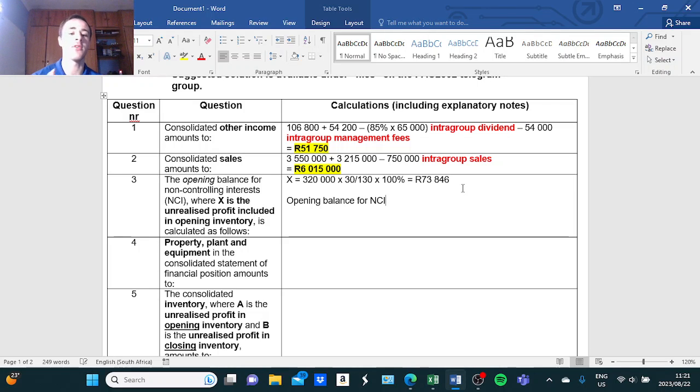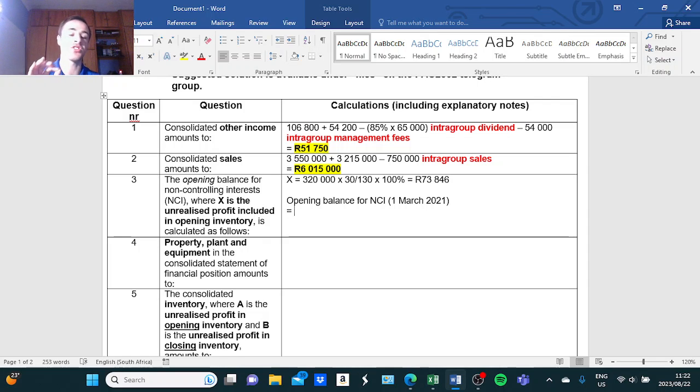Opening balance for NCI. Remember that the options given for this specific question will make use of X as the unrealized profit in opening inventory. So in other words, it will replace the actual value of 73,846. So the opening balance for NCI, as at the 1st of March 2021, was calculated as follows.